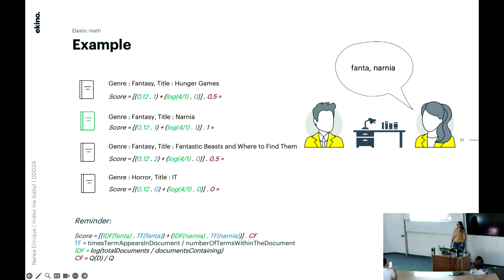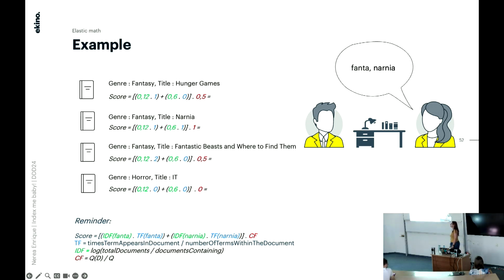We can keep the other two. Again, Narnia appears only in the Narnia book, so that's easy for the term frequency. And for the inverted document frequency, I found Narnia in one document out of my 4 documents, so it's quite rare, which gives it a boost.